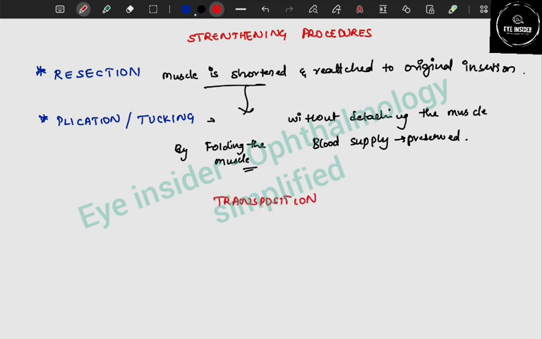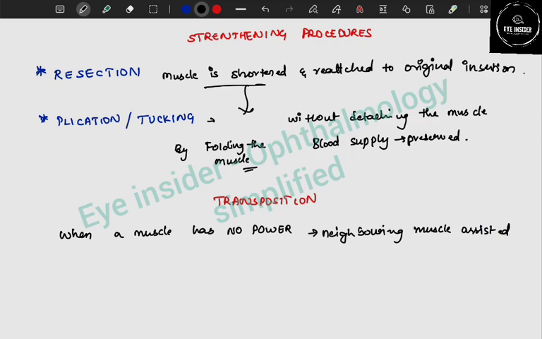Coming to transposition, it is when a muscle has no power, the neighboring muscles are recruited to perform its action. We have various types of transpositions which are commonly used for nerve palsies.